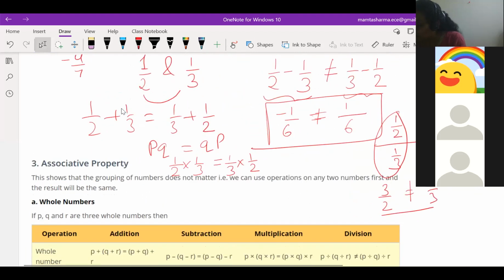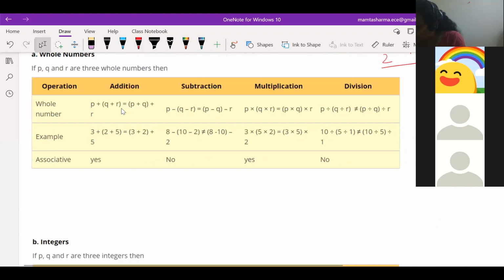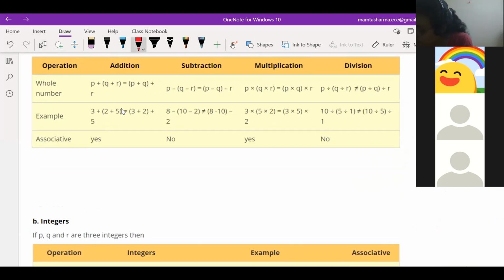Wait. See, if I say this is my number, 1 by 3 minus 1 by 2, will it satisfy the commutative property? No, ma'am, it will not satisfy the commutative property.